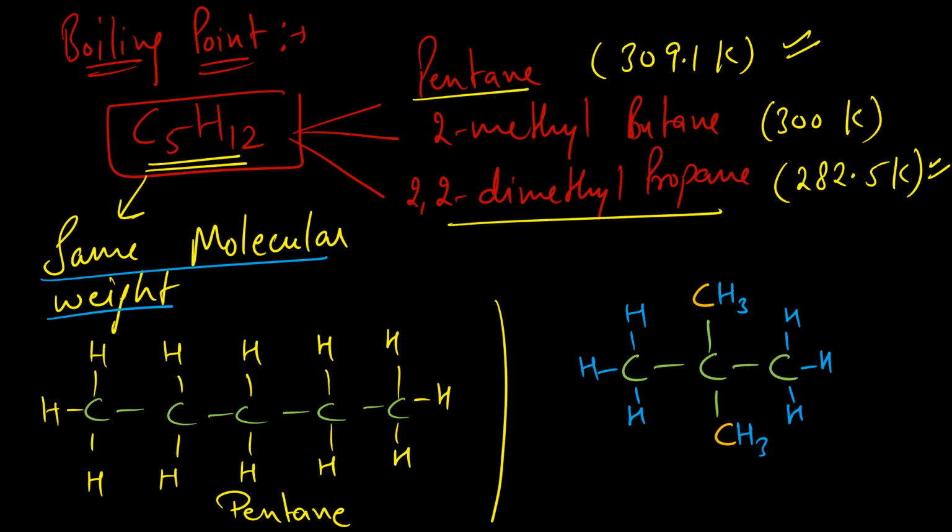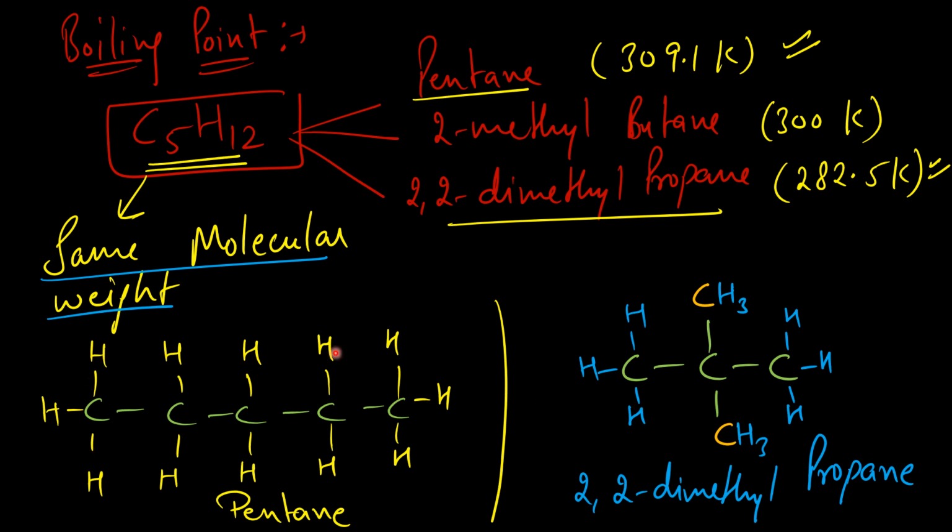It means part A of the boiling point factors is not justifying the difference between them. So what can we decide in that case? Then we will check it with respect to their surface area. If you check the surface area of pentane, it has a large surface area as compared to 2,2-dimethylpropane, which looks like a sphere. A sphere has a smaller surface area as compared to pentane.